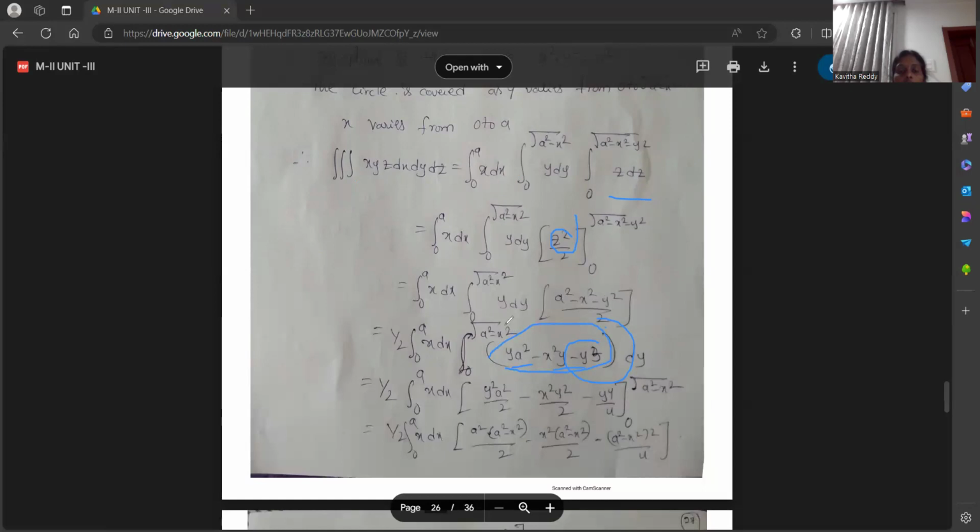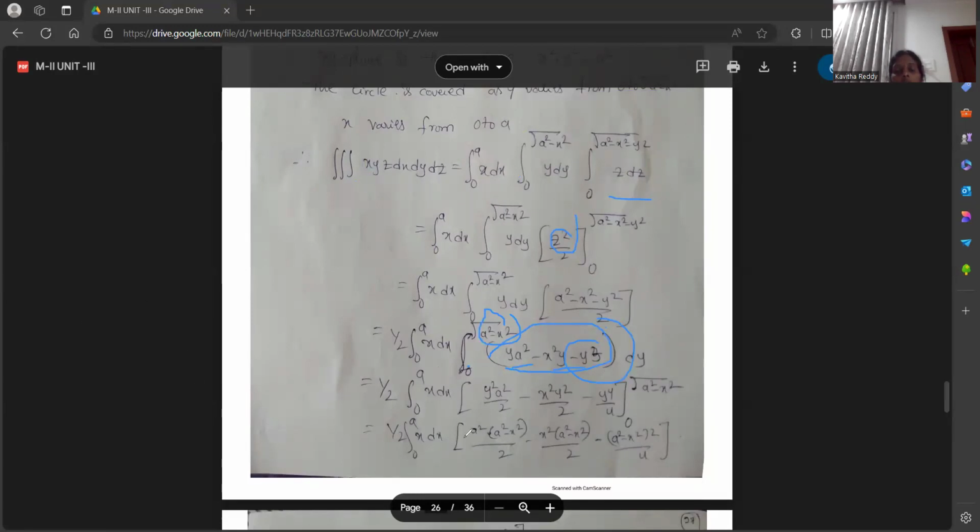Apply the limits. What are the limits? The y limits are 0 to the square root of a squared minus x squared. So one by 2, then apply y squared (a squared by 2 minus x squared y squared by 2) minus y to the power 4.